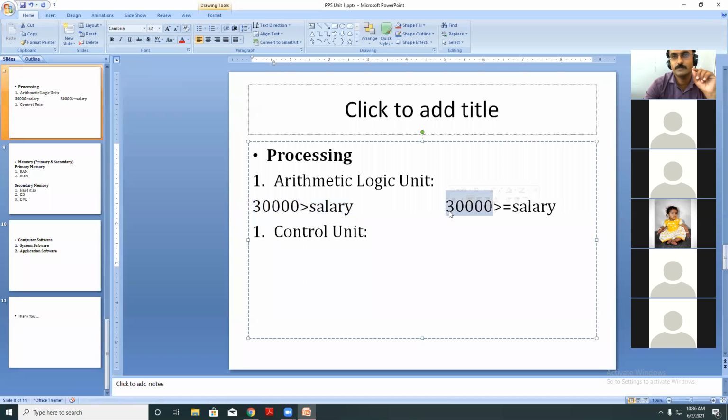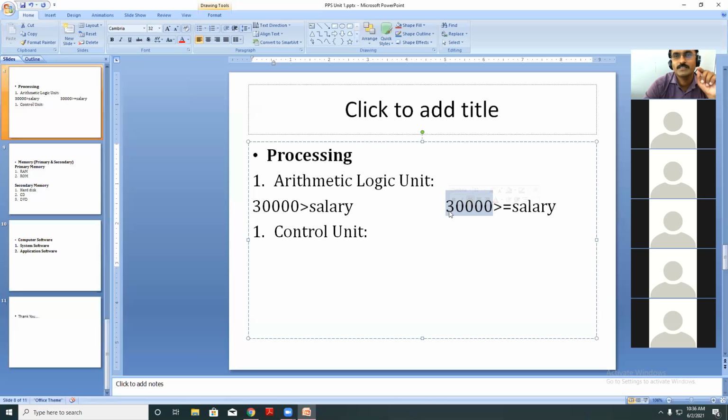Okay, but what is my question? My question is, I want to find out the employee whose salary is less than 30,000. Less than 30,000, that means what? If my salary is like 29,999, then it is valid.